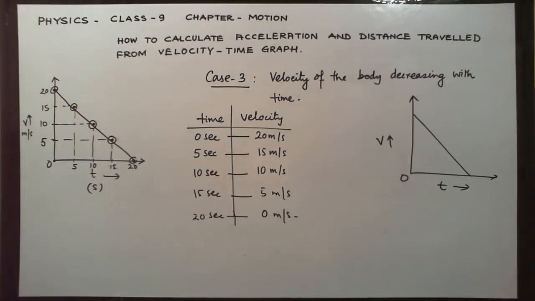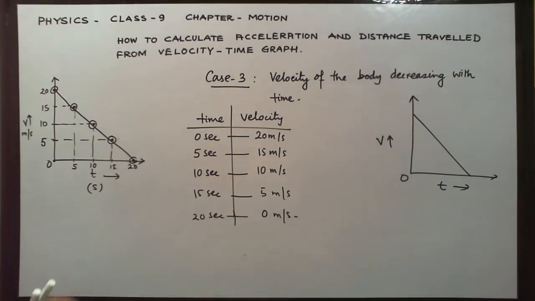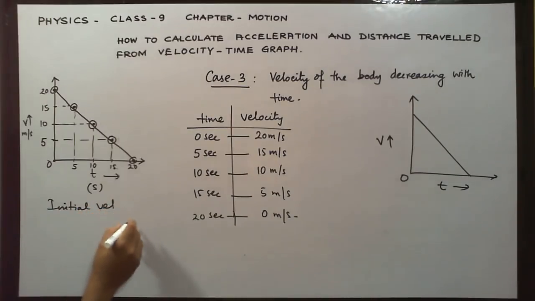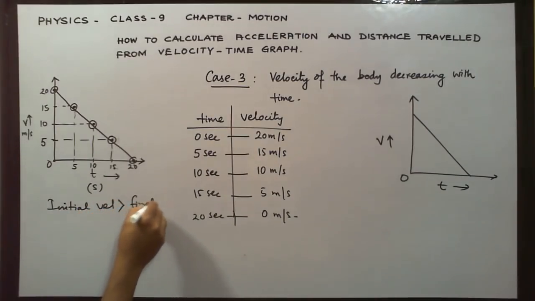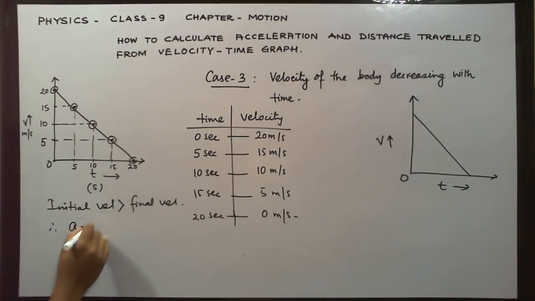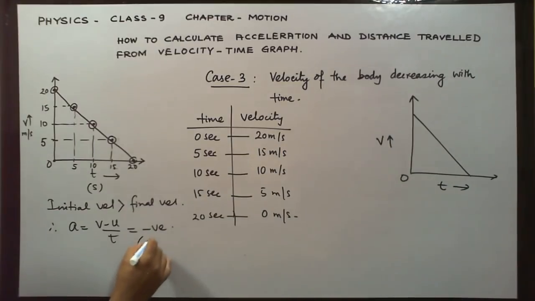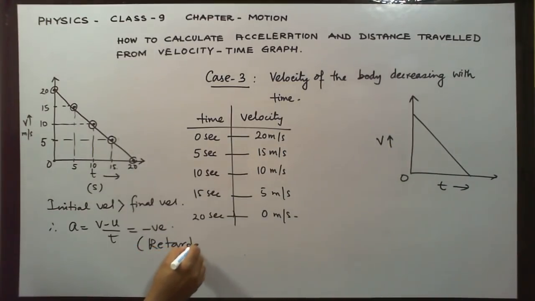Now here initial velocity is 20, final is 10. So here we have the case where initial velocity is greater than final velocity, therefore a = (v - u)/t must be negative, and this is a case of negative acceleration, or we can say retardation.